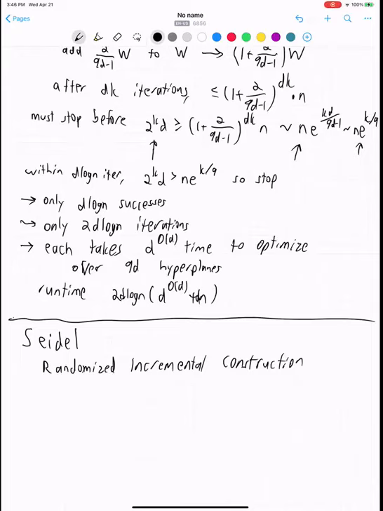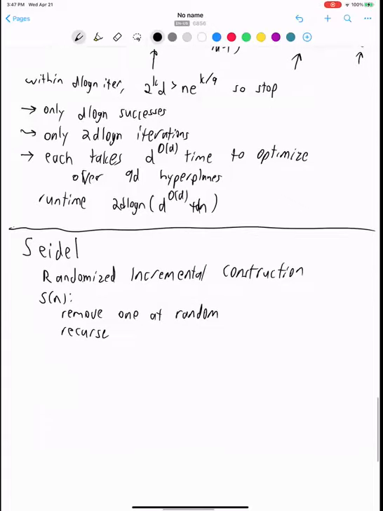So I'm going to describe it instead recursively. To compute Seidel's algorithm on n hyperplanes, you remove one at random, and then you recurse. And now put back the last one.